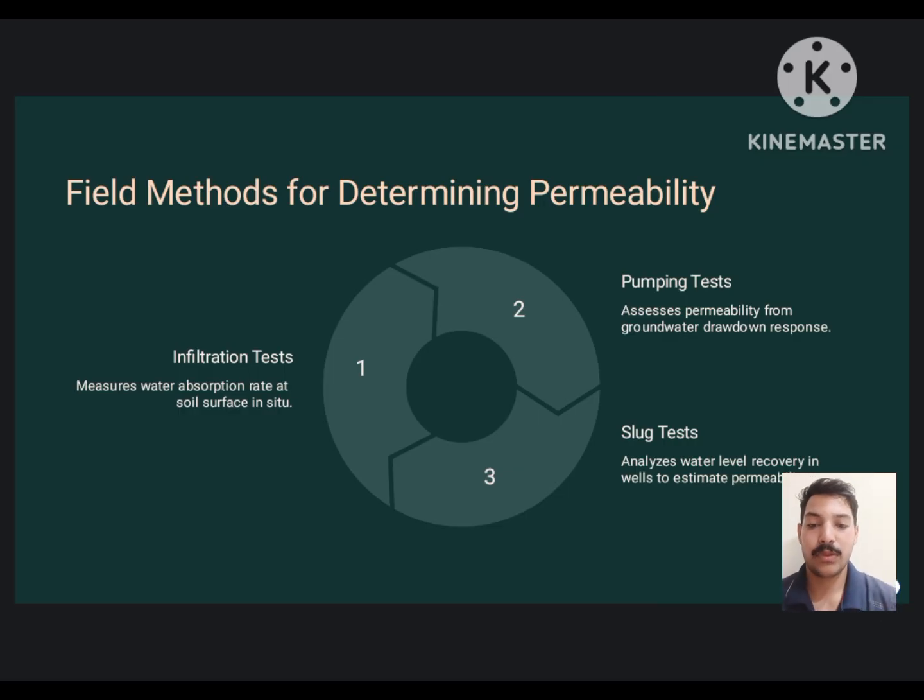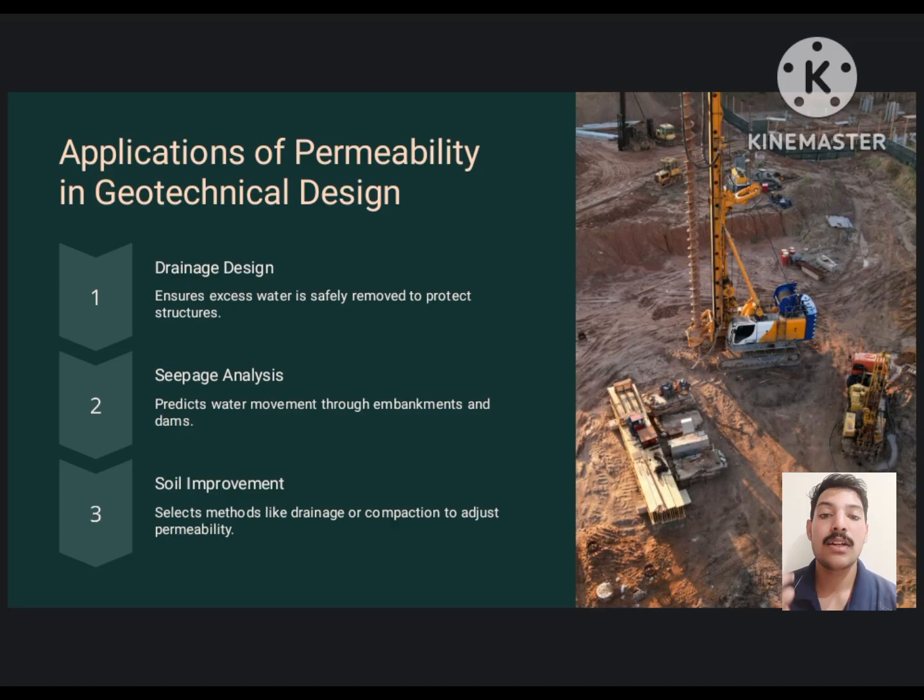The infiltration test measures the water absorption rate at a soil surface on site. Also the pumping test, which we have already discussed, assesses permeability from the groundwater drawdown response. Also the slug test analyzes water level recovery in a well to estimate permeability.